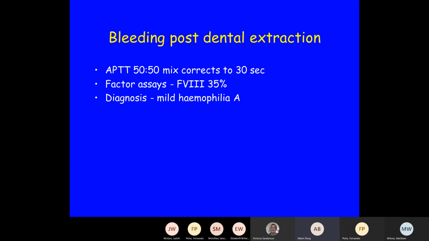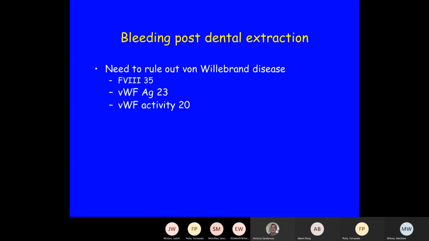Next. It might still be von Willebrand's. Very good. Exactly. Next. Needs to rule out von Willebrand disease. Why is that, Albert? Why can it still be von Willebrand? So why in this case is the factor 8 low when the von Willebrand is low? Is it that the von Willebrand multimers will carry the factor 8? Exactly.